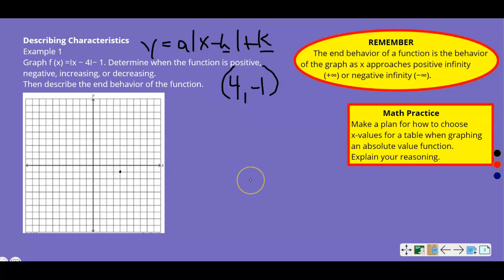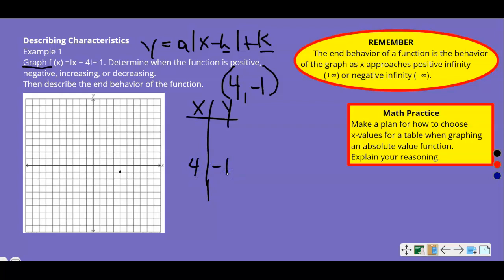Remember when I said you make a table of values, you get to choose points? We're trying to graph this function, so we need to choose points on both sides of the vertex. We know (4, negative 1) is our vertex.